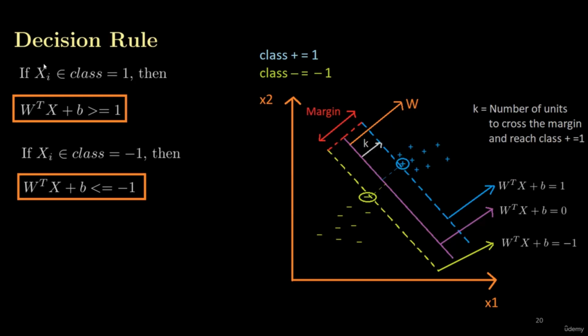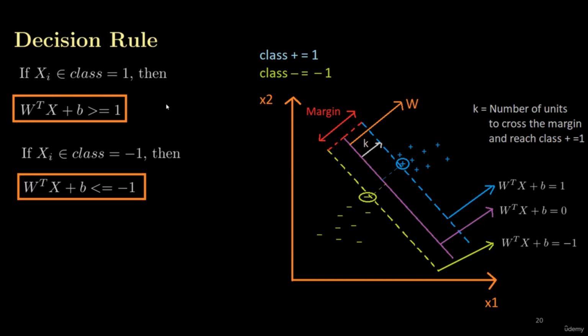If x is the feature matrix of a new data point, then this data point will belong to class 1. This epsilon symbol is called 'belongs to'. So xi belongs to class 1 only if WTX plus B is greater than or equal to 1. If it is greater than or equal to 1, it means the data point with feature x will be either here or far away in the positive class.